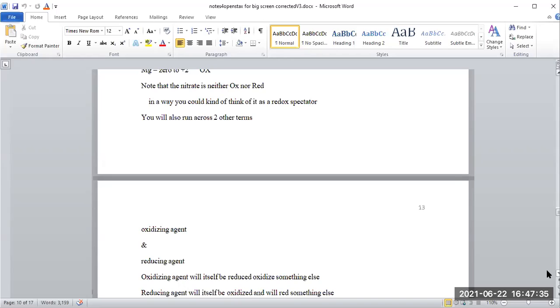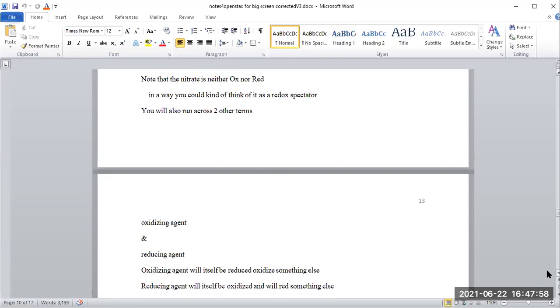They are selling tickets for the band you are going to see. They are not the people who are going to be on stage playing. So an oxidizing agent oxidizes something else, but it gets reduced.